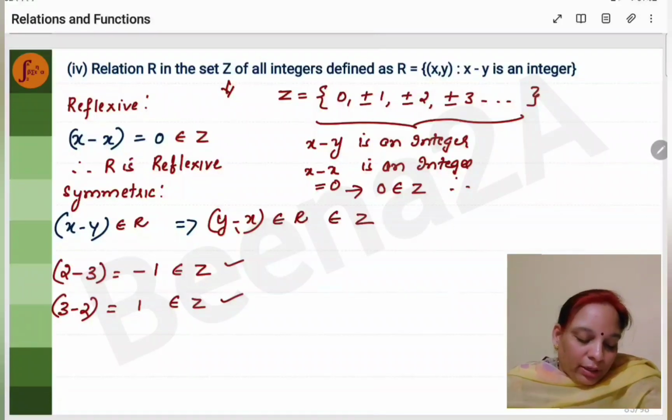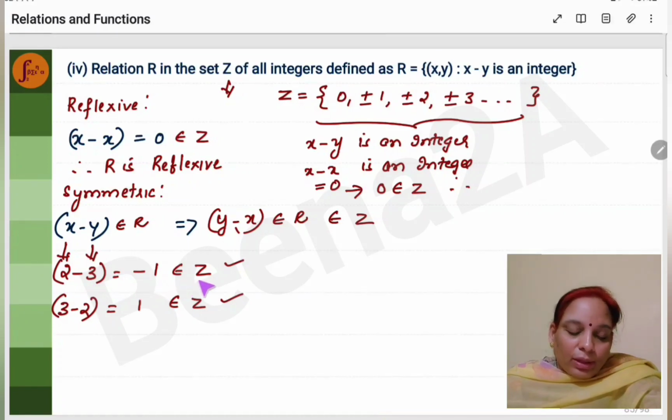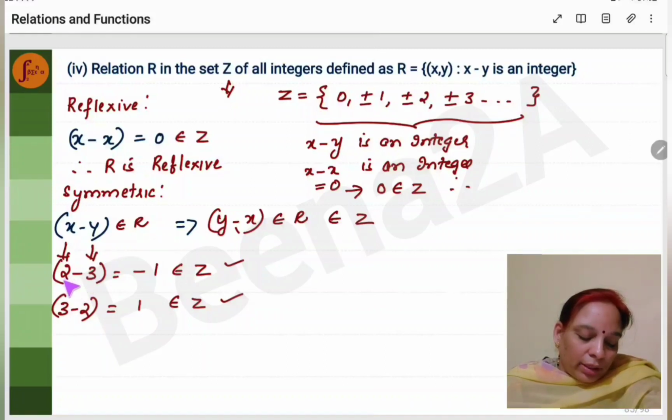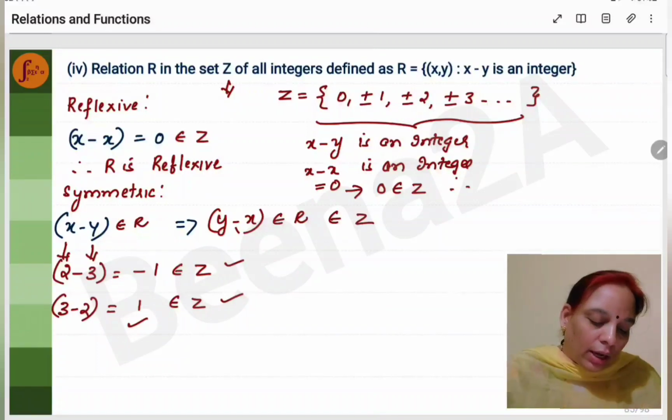If I take x as 2 and y as 3, it will become 2 minus 3, which is minus 1. Minus 1 belongs to Z. Now I'll swap it. Instead of x I'll put y and instead of y I'll put x. So 3 minus 2 is 1. Again 1 also belongs to Z. So therefore R is symmetric.